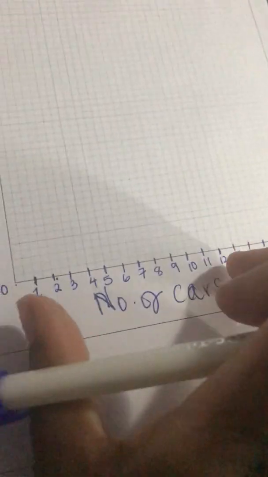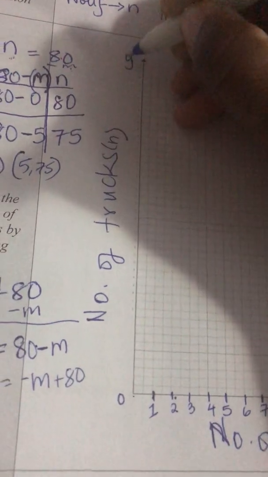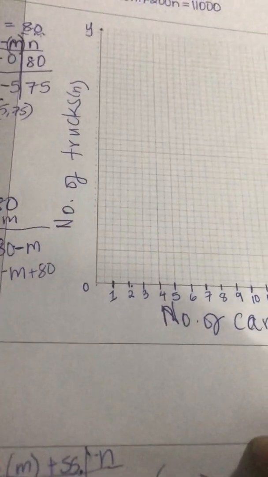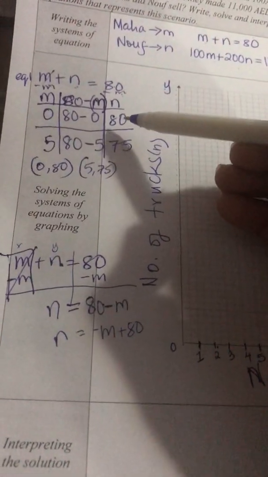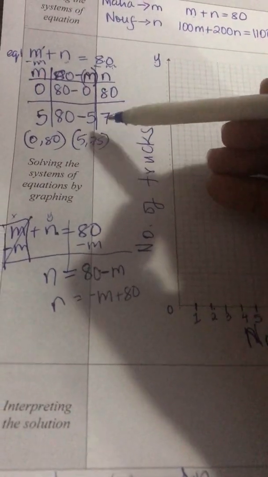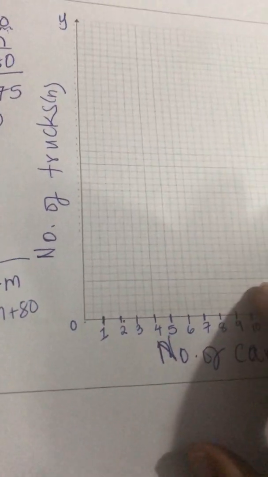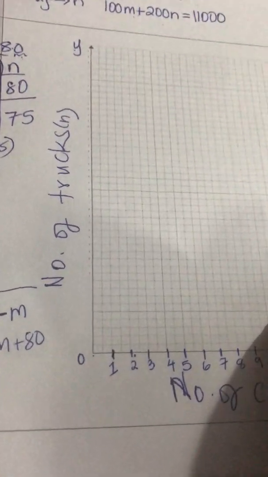You should have a title on your x-axis. You should have a title on your y-axis. So instead of us writing y, you should have written N there and M here. That's all right. Now, as you notice, the numbers on my y are all multiples of 5. So that is why I want to make sure I go by 5s.